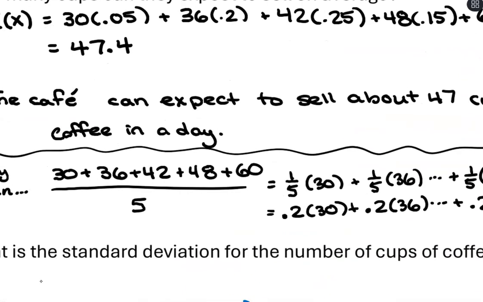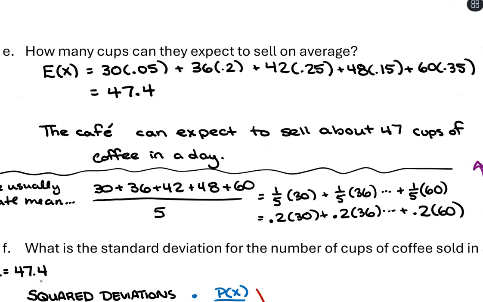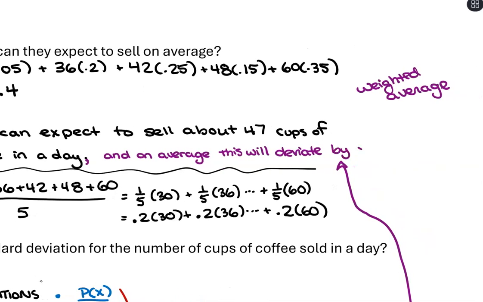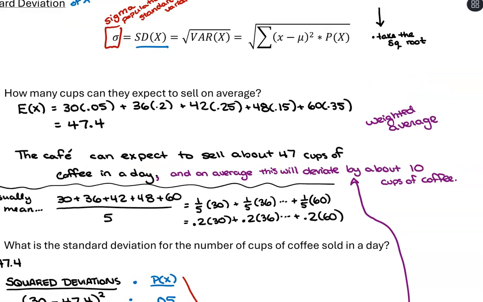So I'm going to add on here: the cafe can expect to sell about 47 cups of coffee in a day, and on average, this will deviate by about 10 cups of coffee. So that's a format we can use for putting together our expected value and standard deviation.